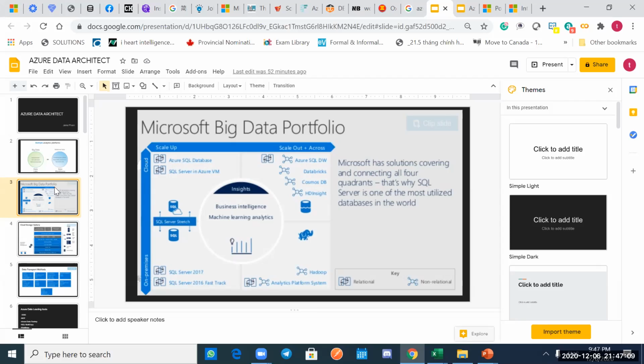On-premise we have SQL servers, and when a company wants to move from on-premise to cloud, then we also have Azure SQL Database on cloud or SQL Server in Azure.